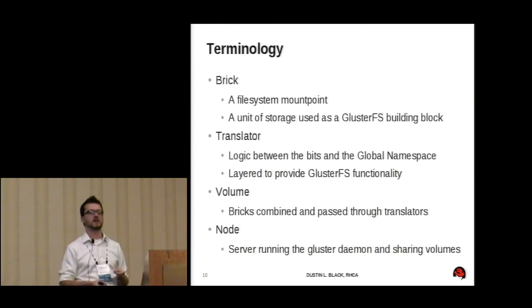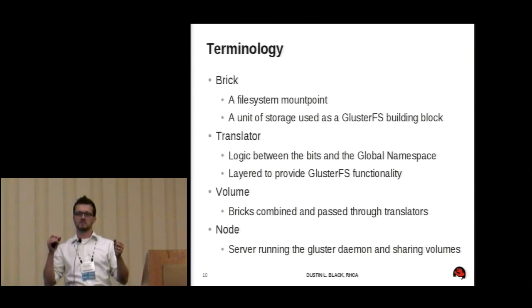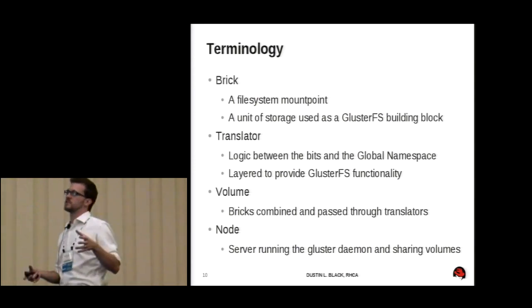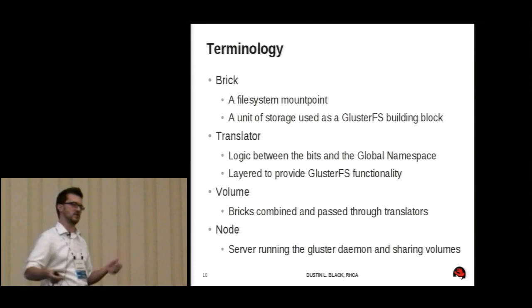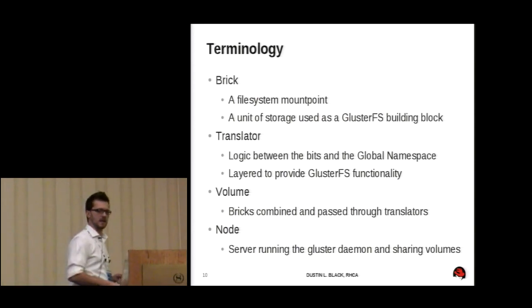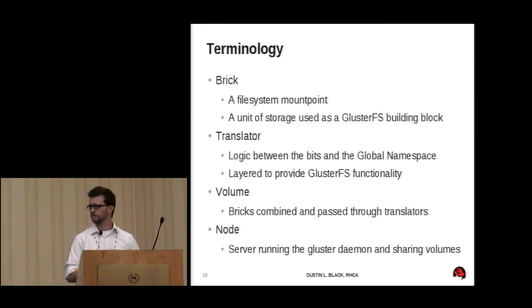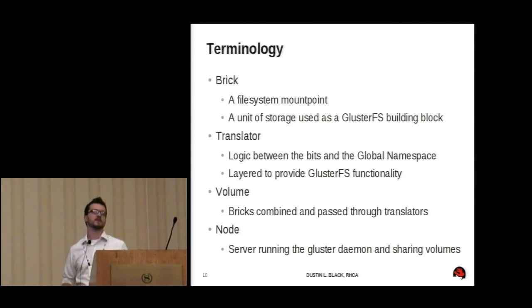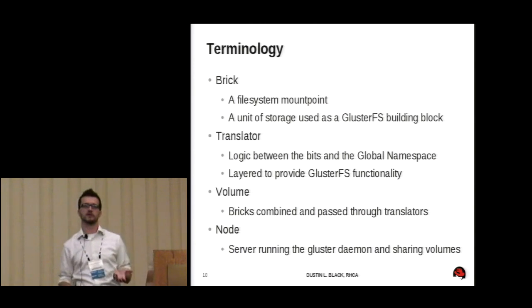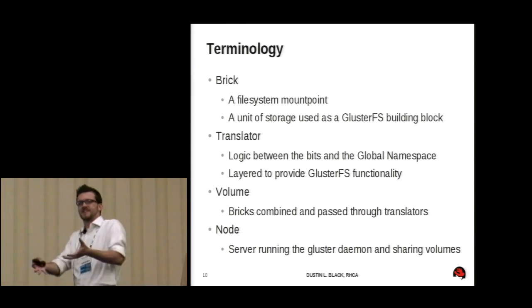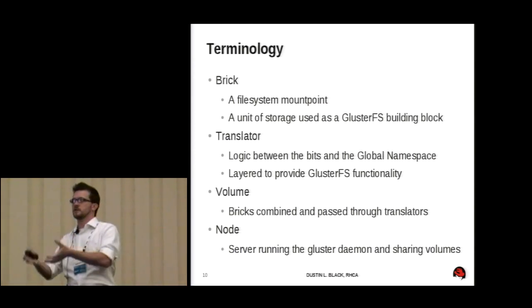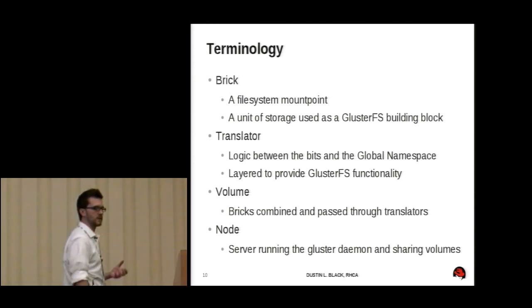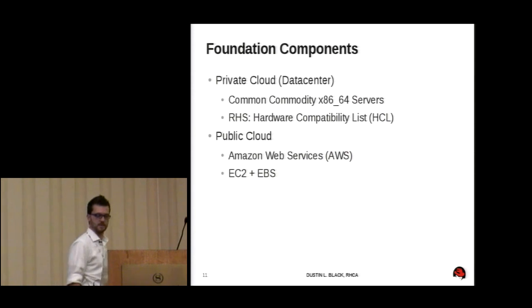It allows me to say, okay, I want to do different things with that data, and I can stack up the pieces of logic that I want and create the functionality. You'll see that in the examples that I give in a little while. A volume is essentially bricks that have been passed through translators. We have the backend storage, and we have all the logic that sits on top of it. So the thing that gets presented to the user at the end is the volume. And then a node is simply a Gluster server that is actually sharing those bricks.